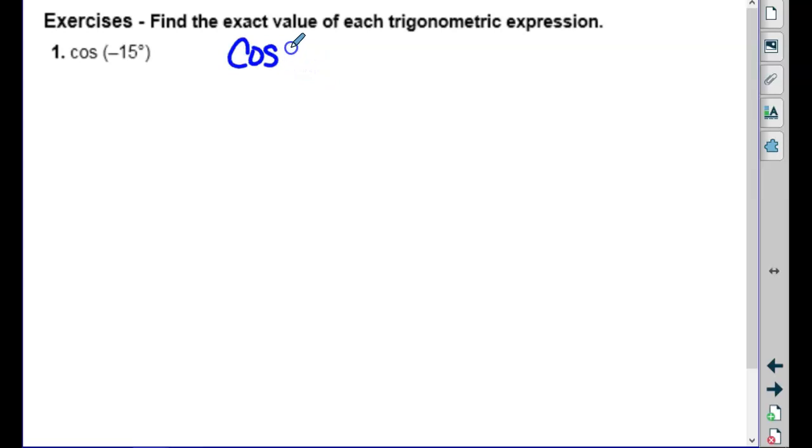Okay, 30 minus 45 will work. There's more than one way that would work. 30 minus 45. So we have cosine of A minus B. What does cosine of A minus B say on your sheet?